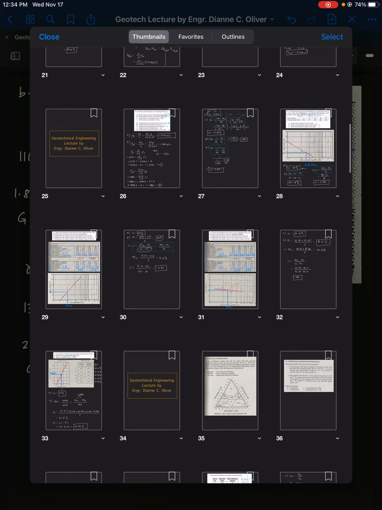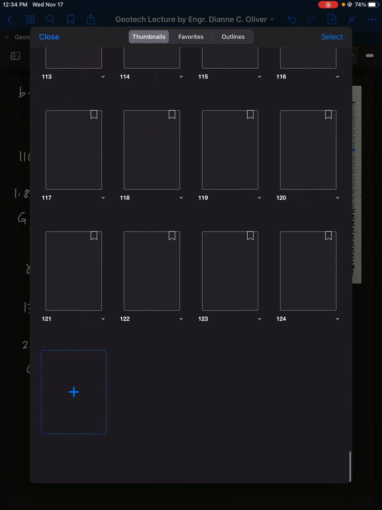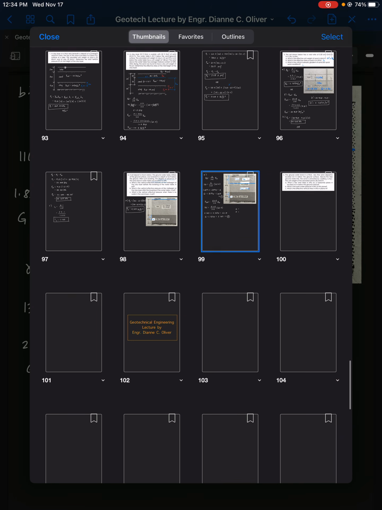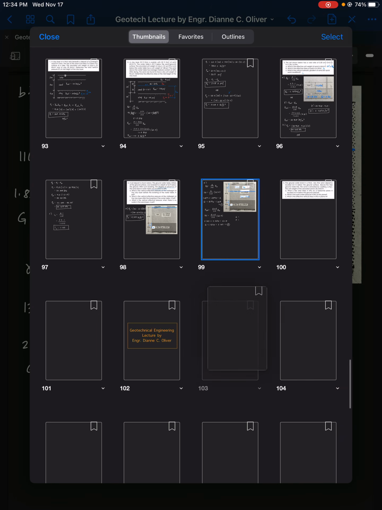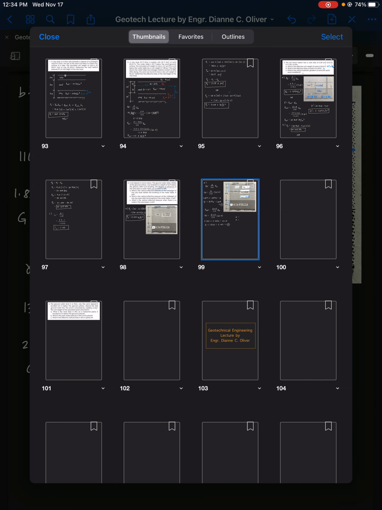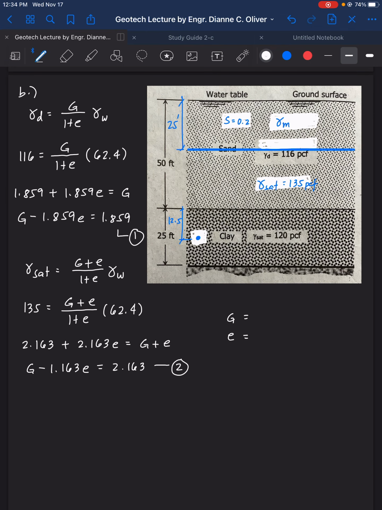Okay, so let's add. So G now here is equal to 2.67 and E is 0.437.